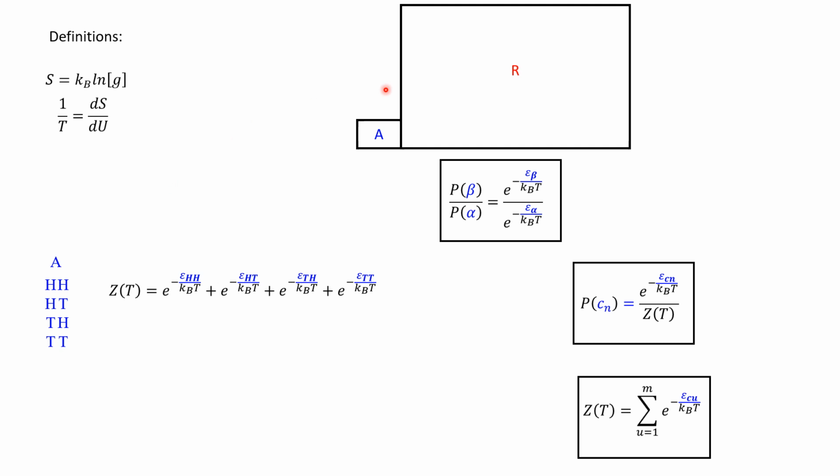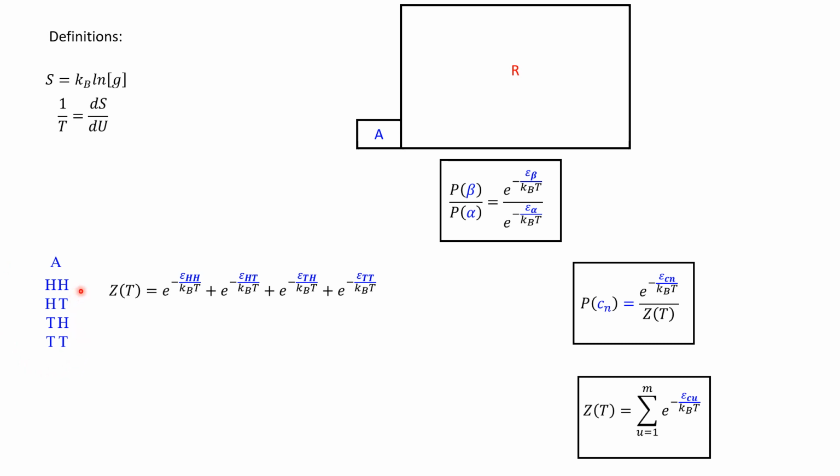Notice that we cannot consider system R, the reservoir, as having only 3 coins like we considered before. Now the reservoir is a macroscopic system, so it must have moles of coins. But system A can be either macroscopic or microscopic, and here it is an example where it is microscopic.